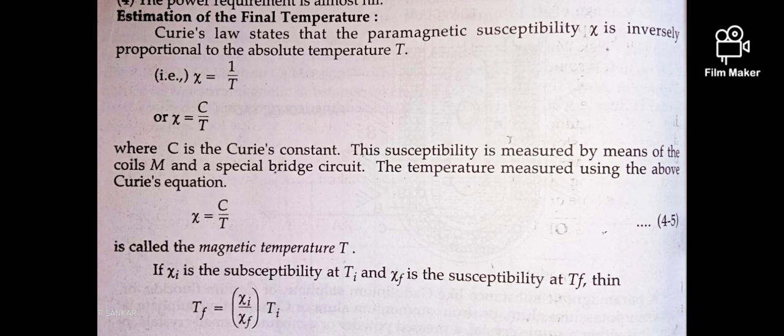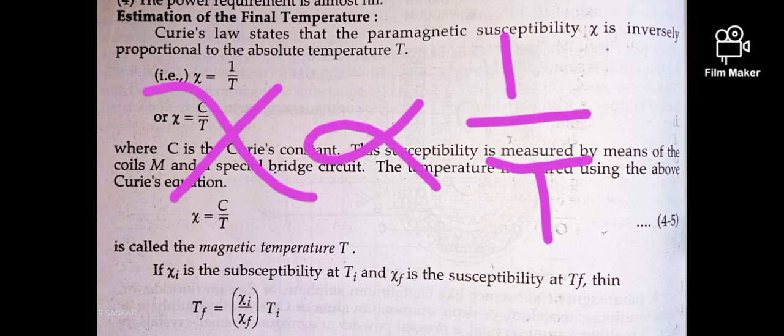Okay, so estimation of the final temperature of the paramagnetic substance. Curie's law states that the paramagnetic susceptibility χ is inversely proportional to the absolute temperature T. This is Curie's law.